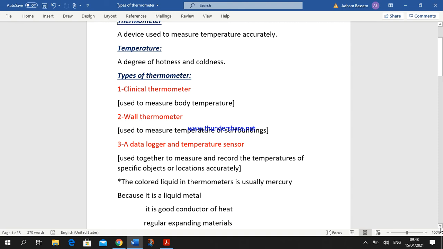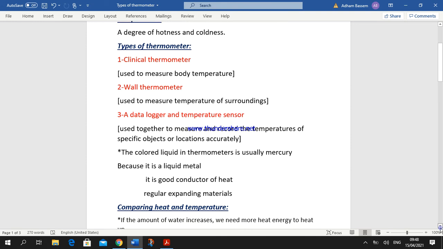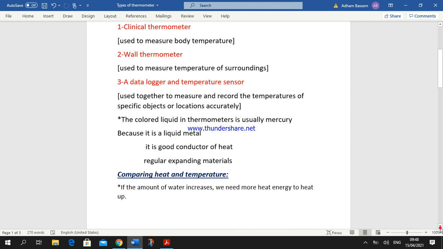Number 2, it's a good conductor of heat, so it can rise up and fall down according to the temperature. And also, it expands regularly, and it has a very important characteristic: it doesn't stick to the wall of the glass tube inside the thermometer.